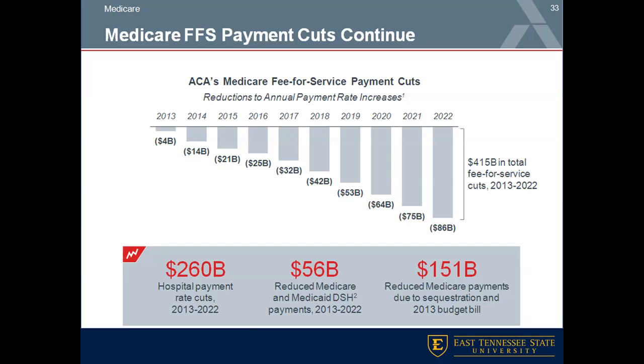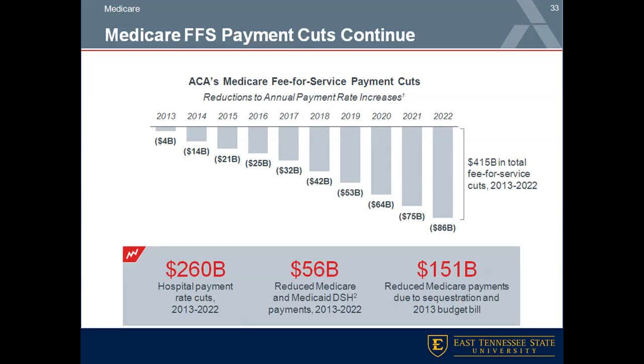Fee-for-service payment cuts, like I said, we're moving away. Think back to when we talked about the two curves and the straddle. We're moving away from fee-for-service more into value-based purchasing, and this is the outline that was given in terms of when we can expect fee-for-service to be cut. So a reduction in our payment methodologies.